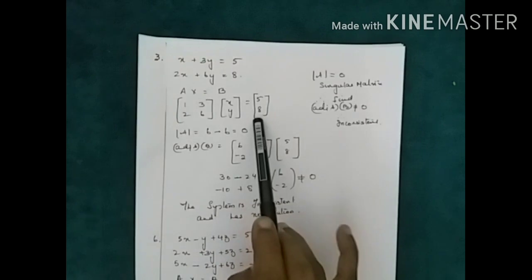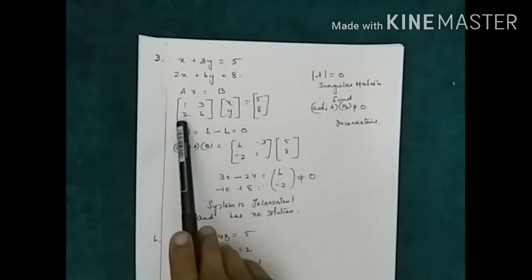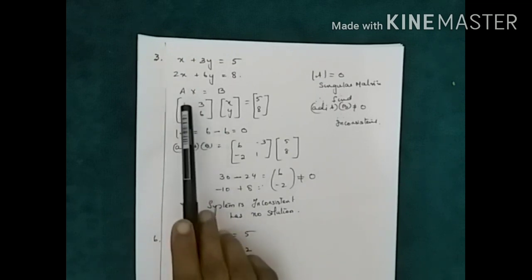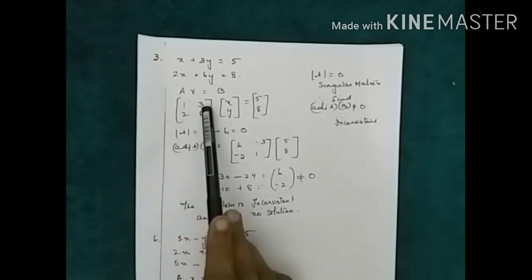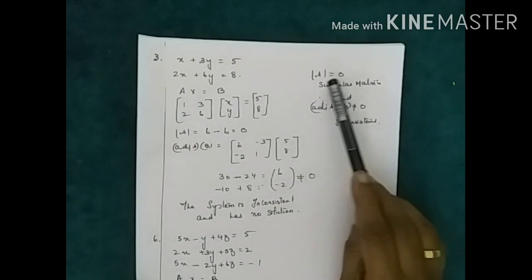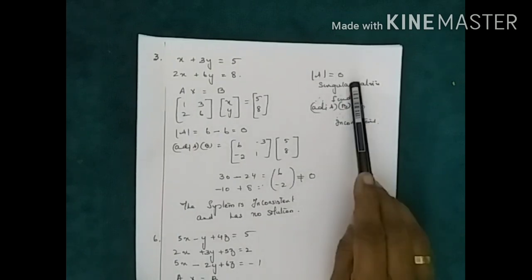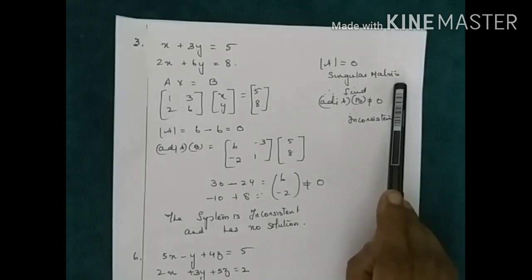Matrix B is 5, 8. So first you have to find the determinant of the matrix A. So how do you find? Multiply 1 and 6, multiply 2 and 3. So 6 minus 6 equal to 0. So if it is 0, determinant of A is 0, the matrix is singular matrix.